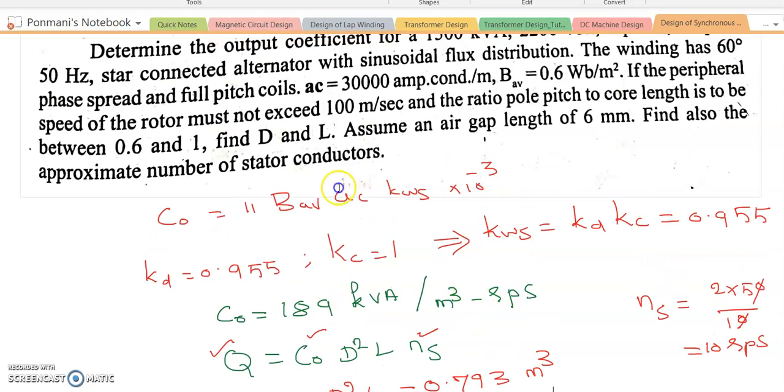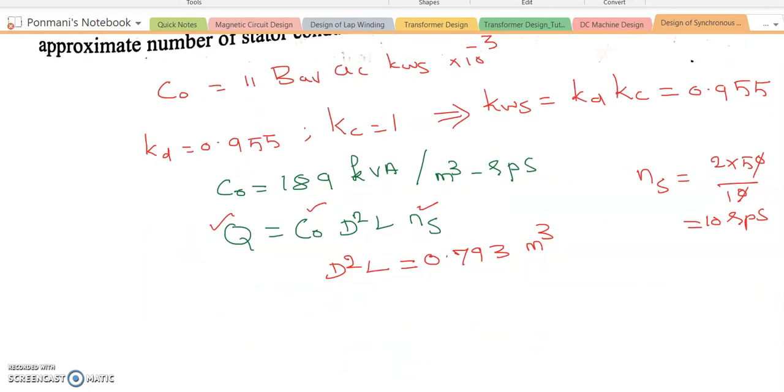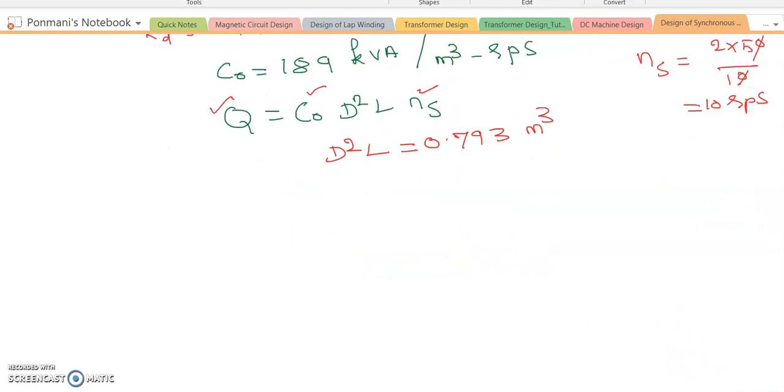The peripheral velocity should not exceed 100 meters per second, so we can assume two values between 0 and 100 meters per second. For these two values we will find D and L, and then calculate D square L to verify whether the design is correct or not.